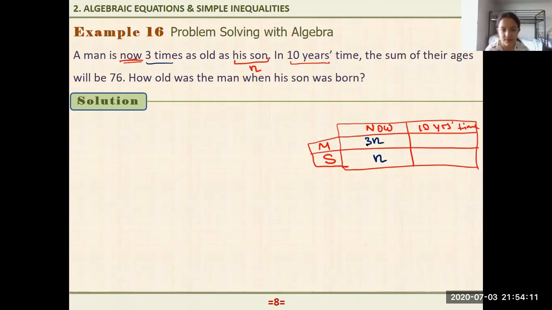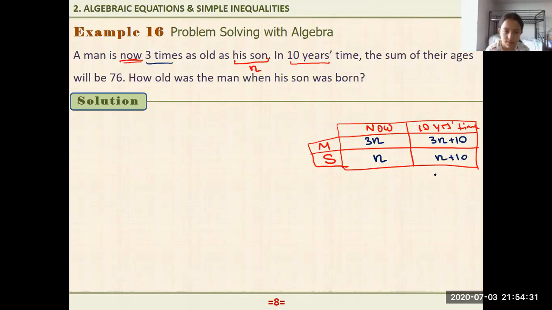Now, using this information, can we write their ages after 10 years? What will be the man's age after 10 years? 3n plus 10. Very good. Similarly, the son's age will be n plus 10.